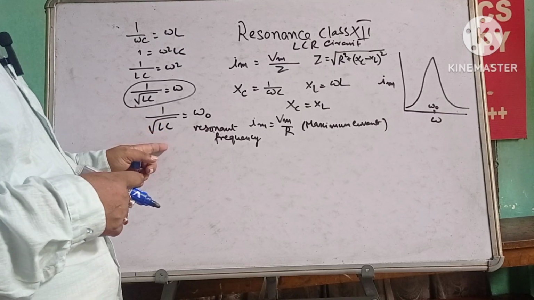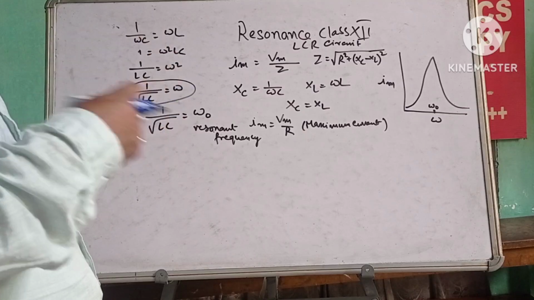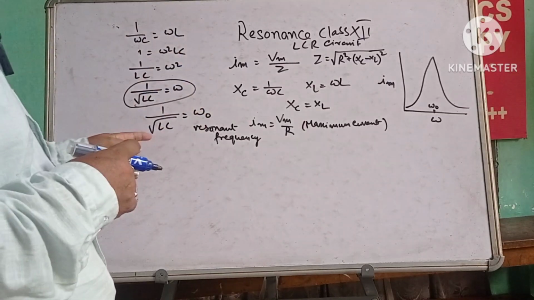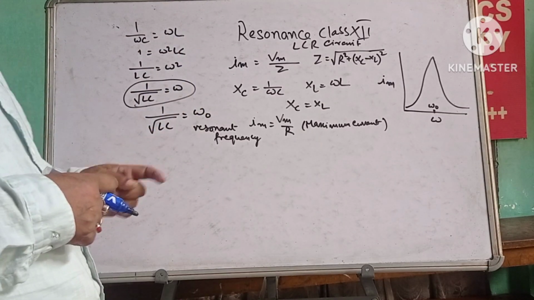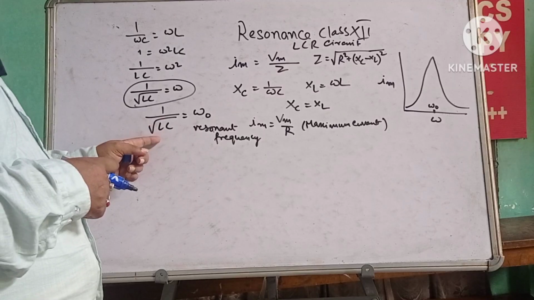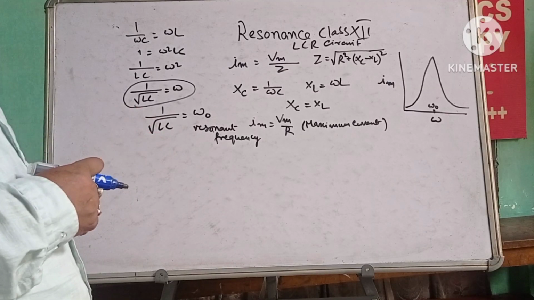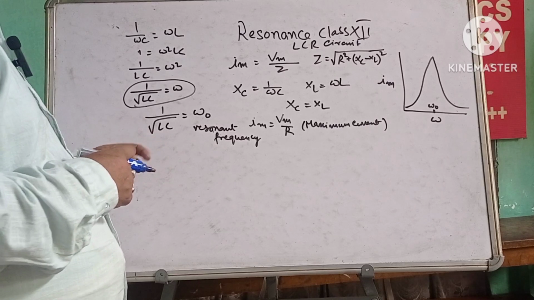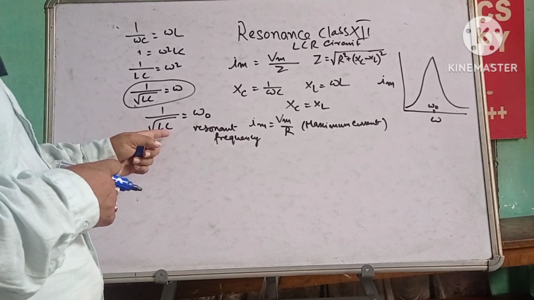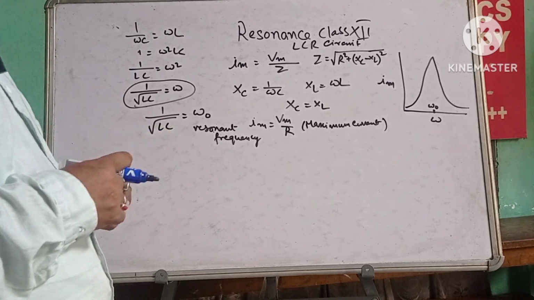You can't vary an inductor because it is a fixed coil of a given length. This will remain the same in the circuit. Only we can change the capacitance.